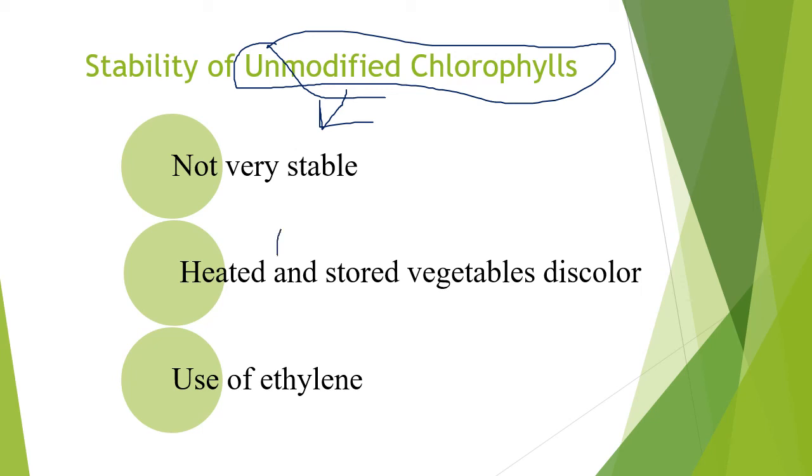Therefore, heated and stored vegetables often lose their green color and turn olive green. Similarly, in agricultural practices, one common plant hormone, ethylene, is often used to turn unripened fruits into ripe fruits so that they can be easily sold in the market and presented in front of the consumers.